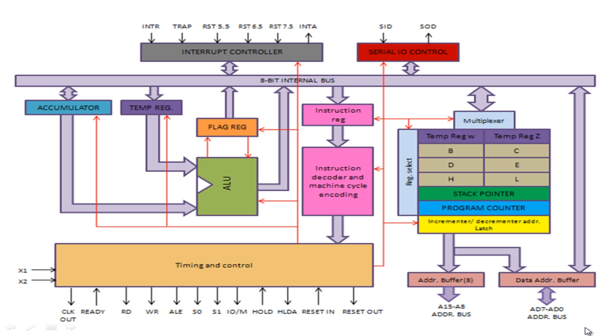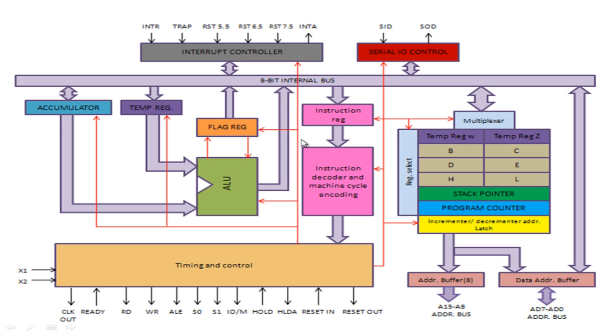Initially the address will be transferred to the program counter, then the program counter will take the instruction and transfer it to the instruction register. Then the instruction decoder and machine cycle will generate different signals and send them to different blocks.